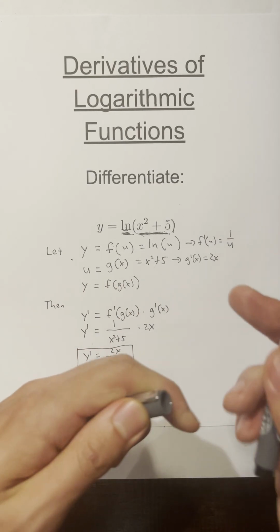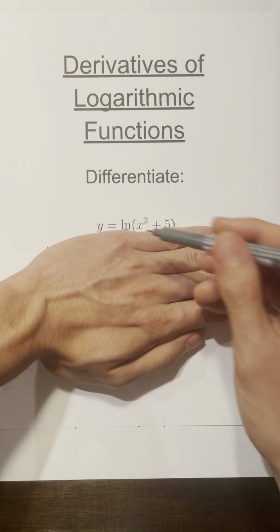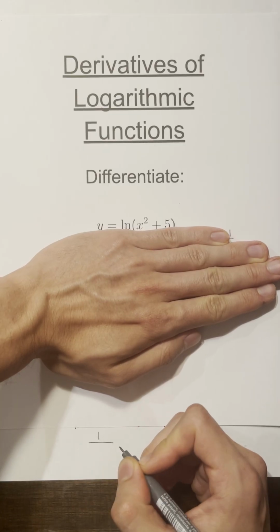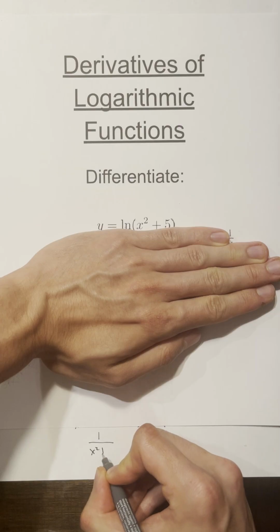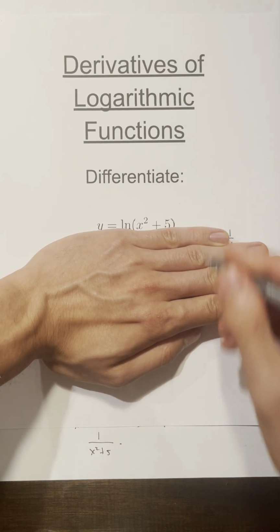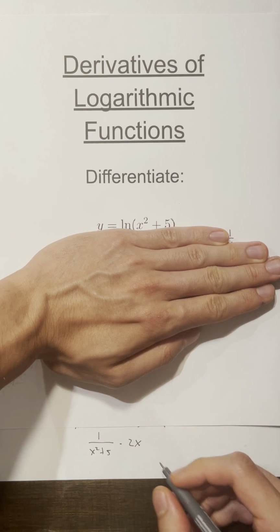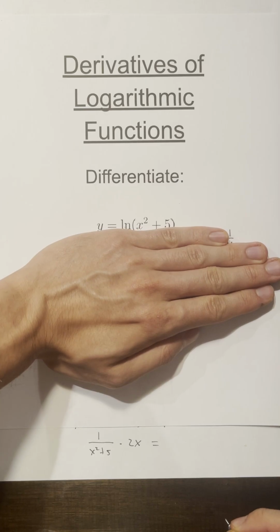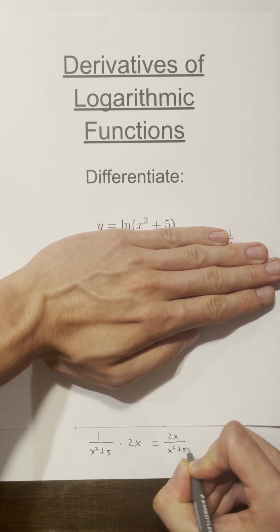Okay, so f prime of g of x times g prime of x. And this is equal to how much? 2x over x squared plus 5.